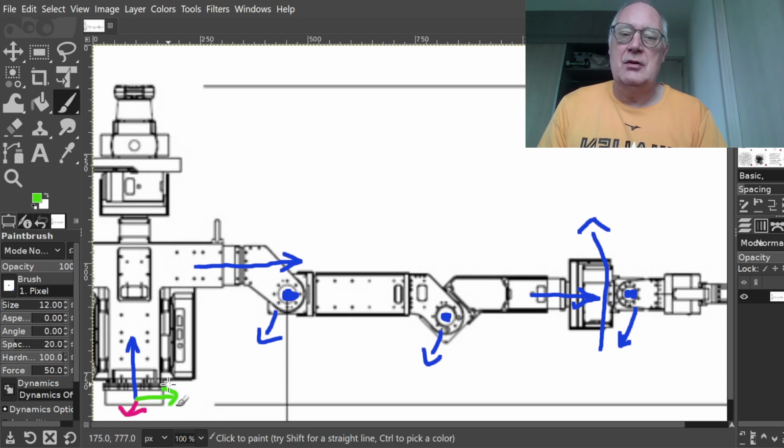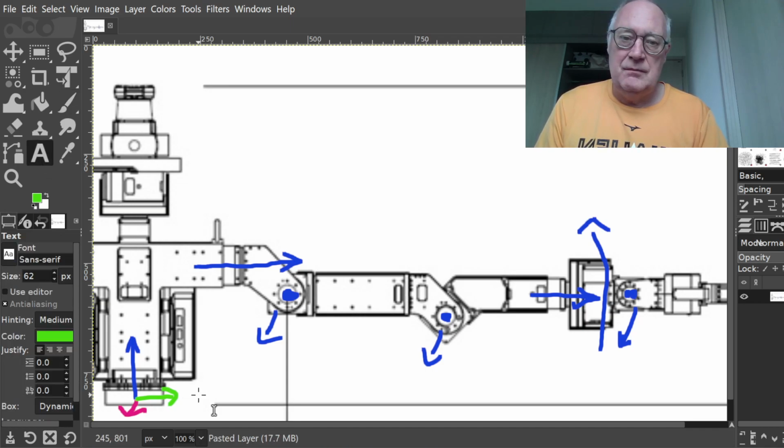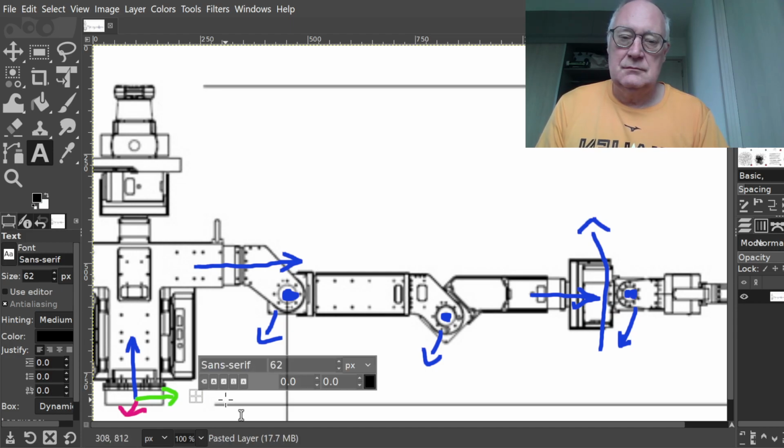Right? So this would be our inertial frame. O 0.